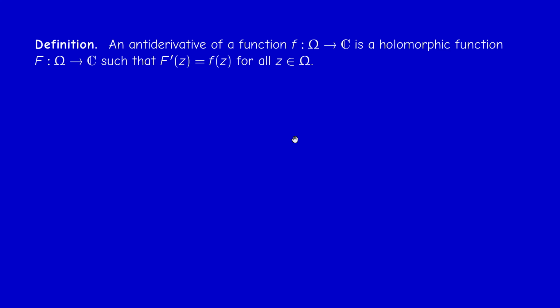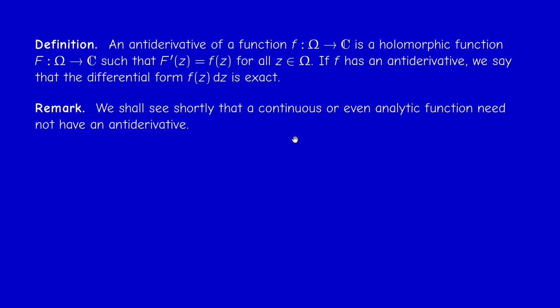Now, why are we interested in antiderivatives? For a very simple reason: if you have an antiderivative, it's very easy to compute line integrals. But unfortunately, not all functions possess an antiderivative, even holomorphic ones.